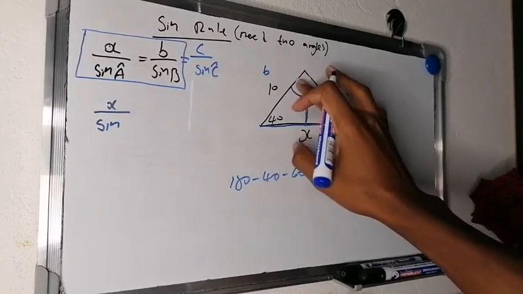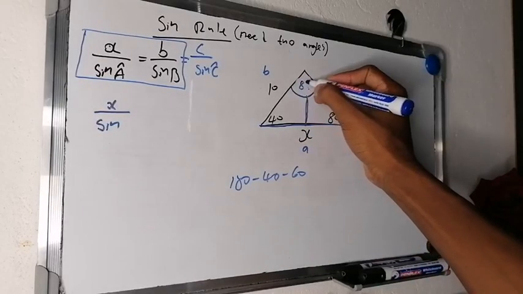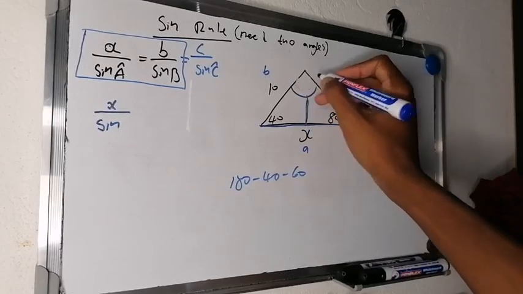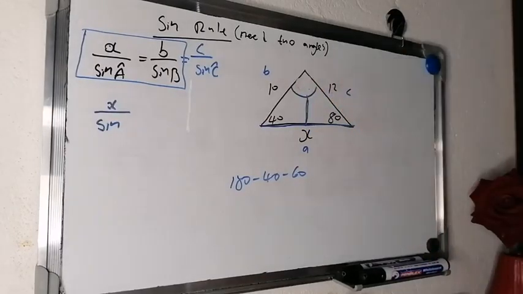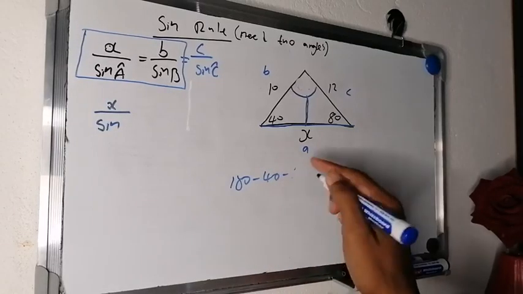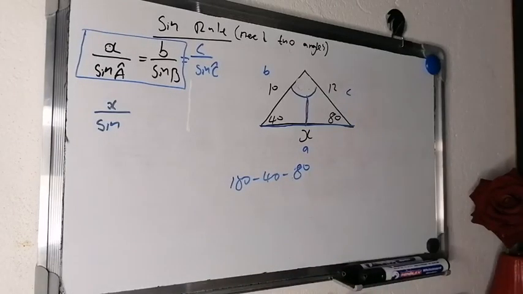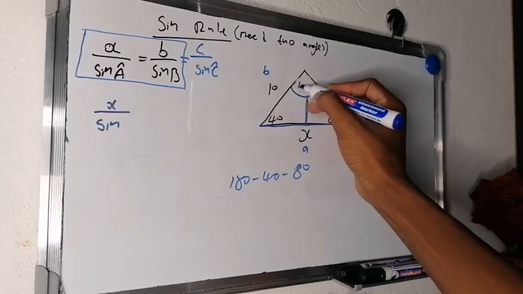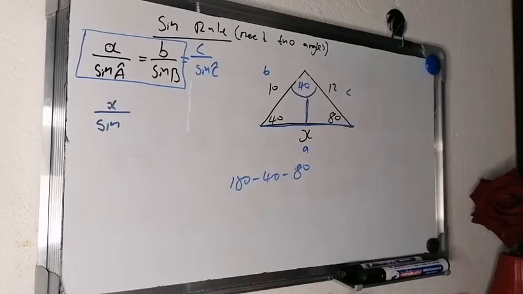Not 60, it's 80. My bad, it's 80. So 80 and 40 is 120. Well, just work your calculators. I'm just giving you an example.